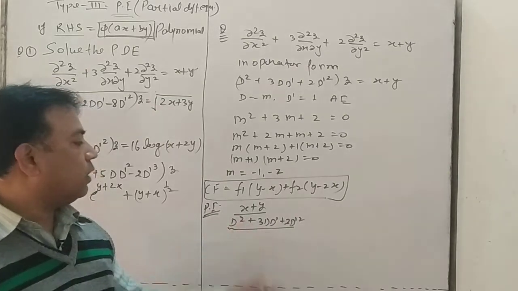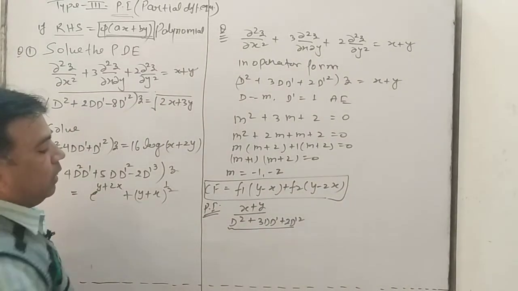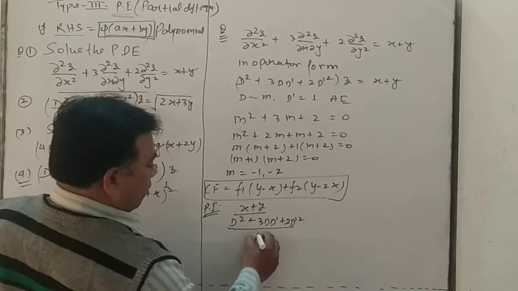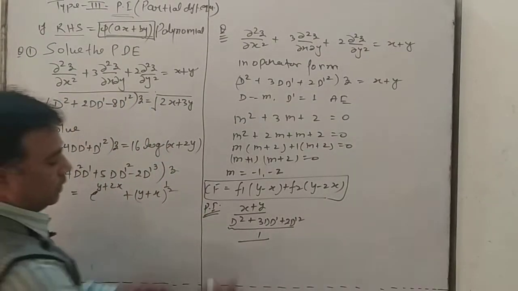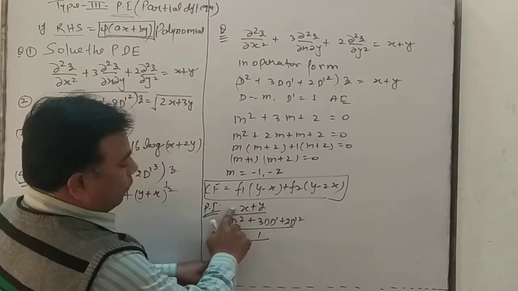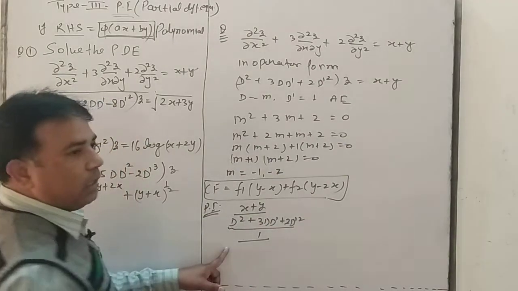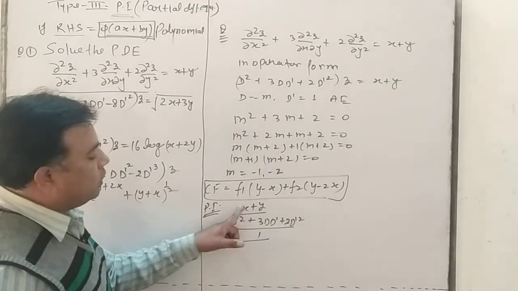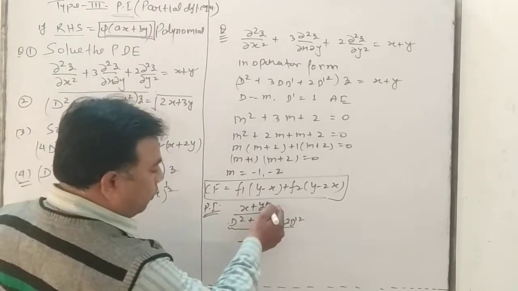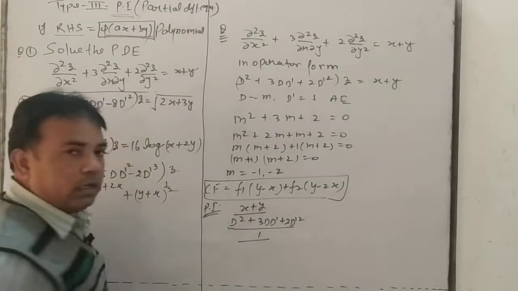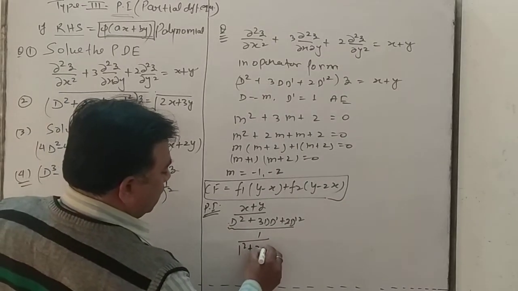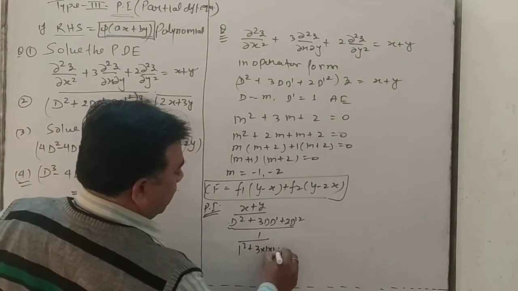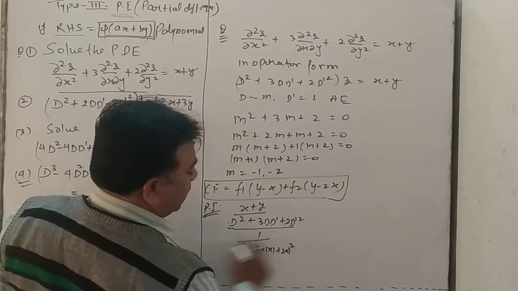This is the form of a polynomial x plus y, so we solve it by this method. First we check the order of the equation. D square plus 3DD dash plus 2D dash square is a second order partial differential equation. Then in place of D put the coefficient of x and in place of D dash put the coefficient of y. You write here 1 upon 1 square plus 3 into 1 into 1 plus 2 into 1 square.